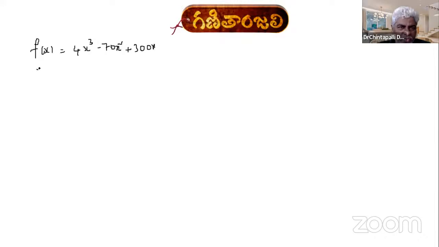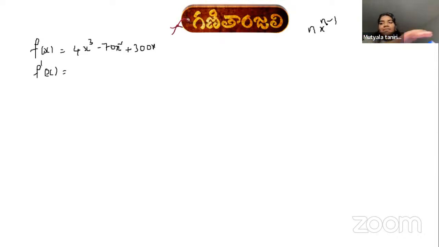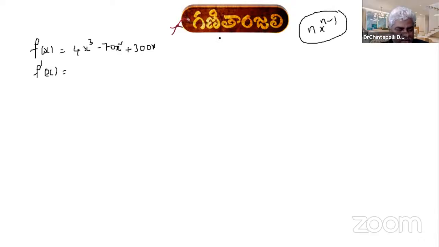Do you remember how to find differentiation? That is called f dash of x, the derivative. Yes, n into x to the power of n minus 1. Tell.